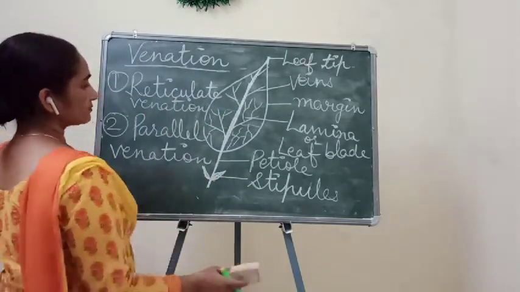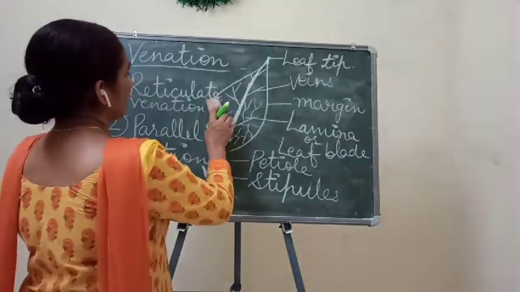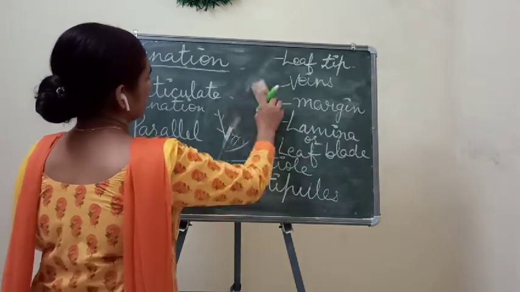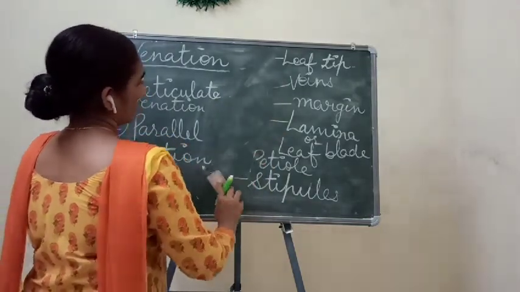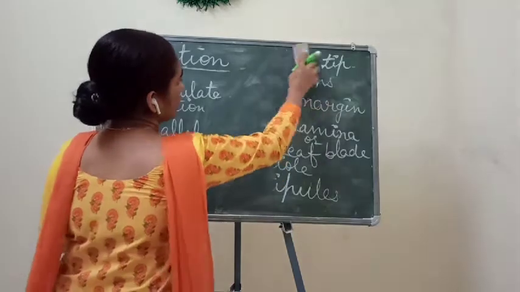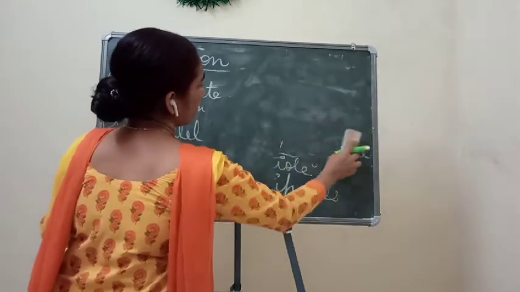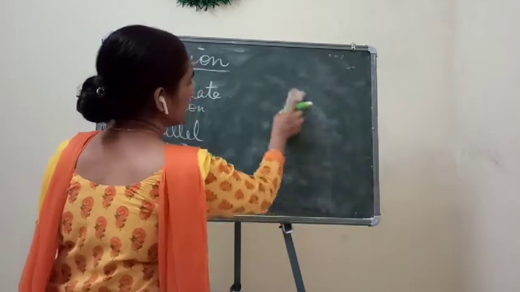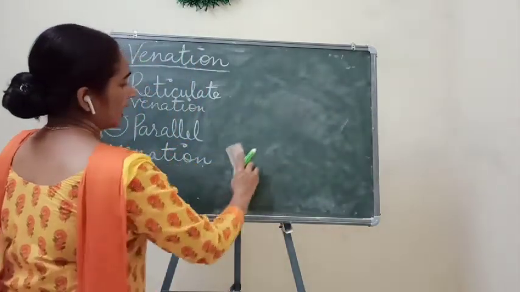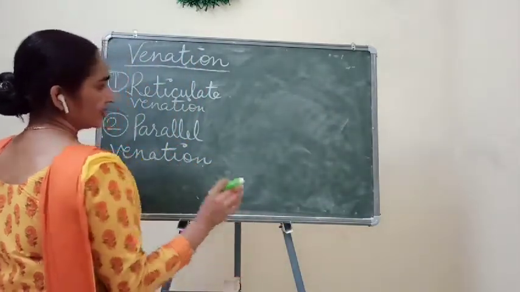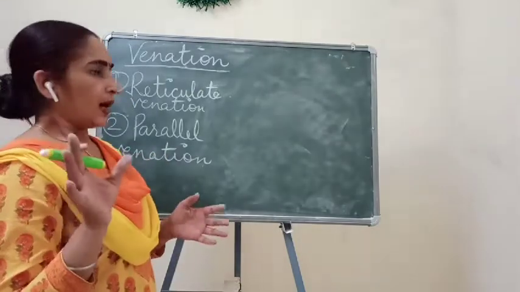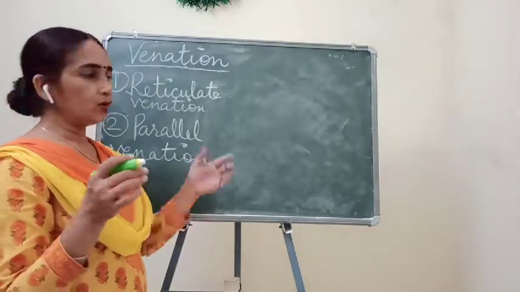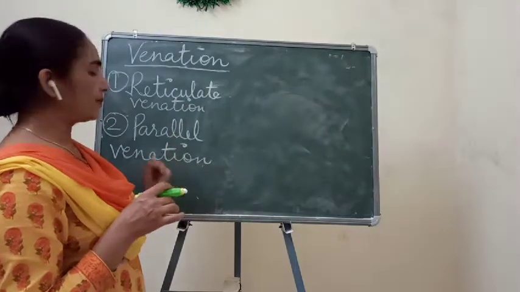And what is parallel venation? I'll show you through the diagram what parallel venation is. Reticulate venation, children, you can see in many leaves. I have also brought one leaf to show you the difference between reticulate and parallel venation.